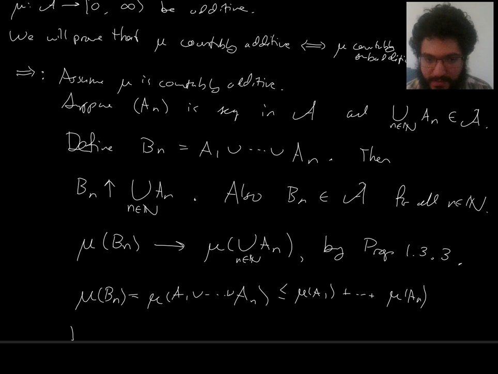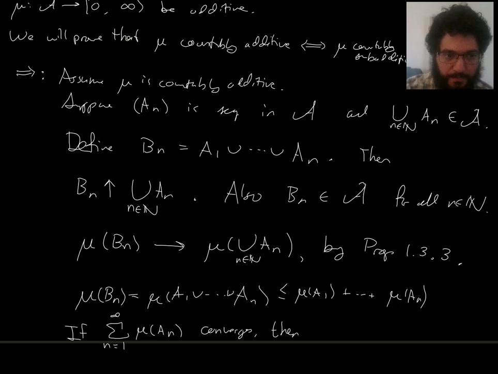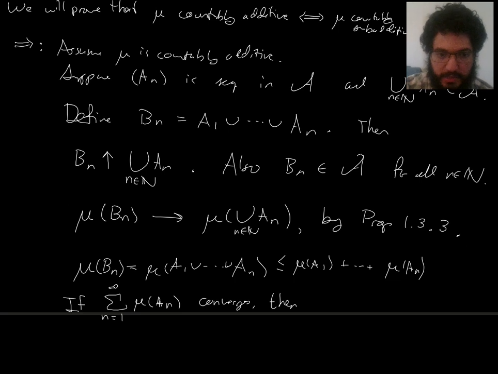So let me conclude what I can conclude here. If the series of mu An's converges, then what does it converge to? It converges to the limit of this sequence of partial sums, right? And the terms of this sequence are greater than or equal to the terms of this sequence. Now we can apply the order limit theorem.